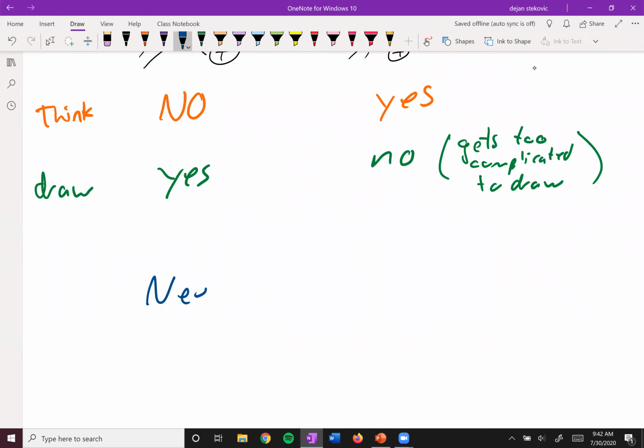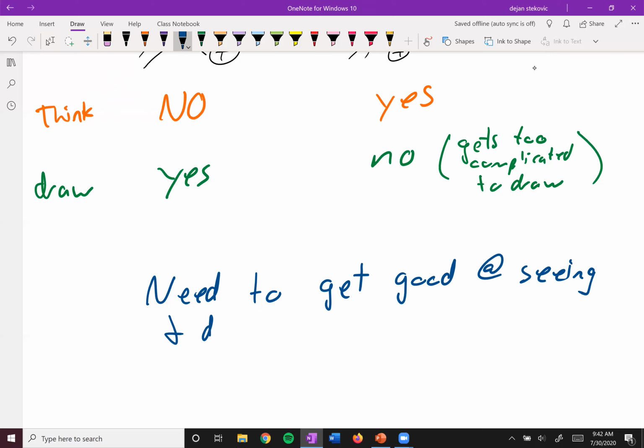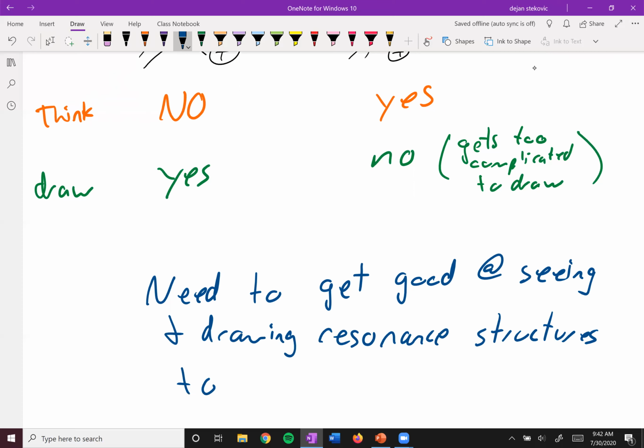And so we need to get really good at this. Right? Because we need to be able to get good at this so we can see what the real molecule looks like, right? To see kind of the truth here.